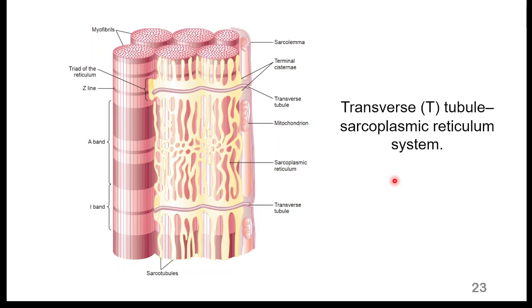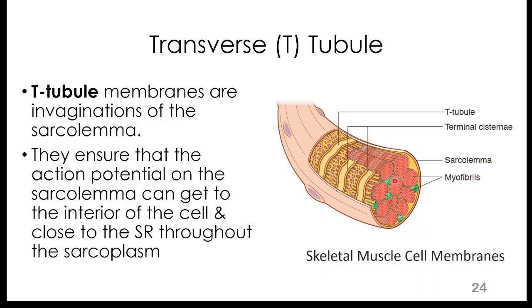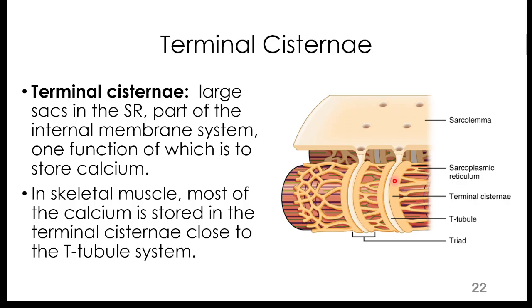Now there's something referred to as the transverse tubule system, or T-tubule system. These are just invaginations of the sarcolemma. This is the plasma membrane of the skeletal muscle cell, so you can see holes where the sarcolemma invaginates, and it forms a system of tubes that penetrate deep into the muscle.